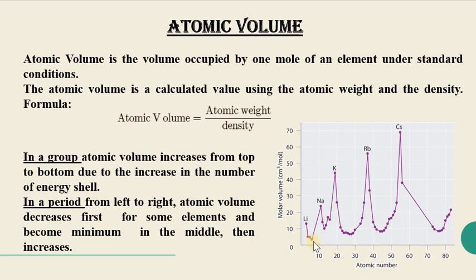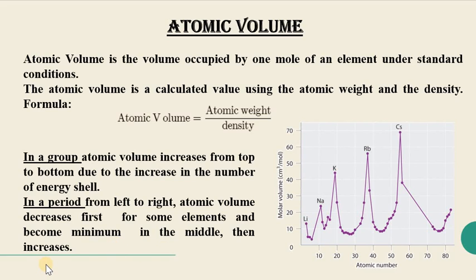It shows that after lithium it starts decreasing, then it again increases. Then after sodium it again decreases, then increases. So from this graph it is clear that in a period, first it decreases, then increases.